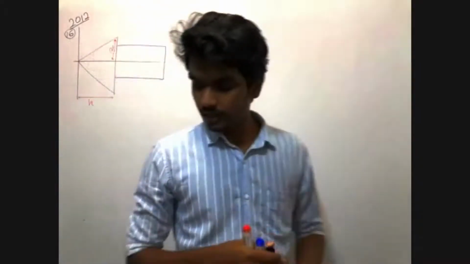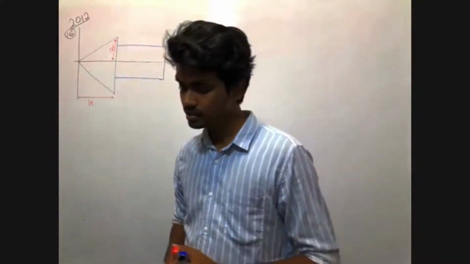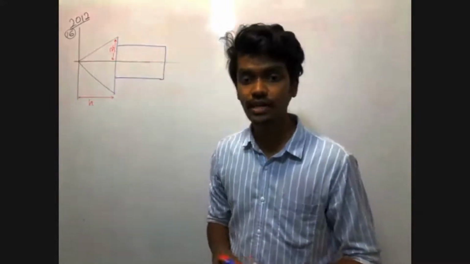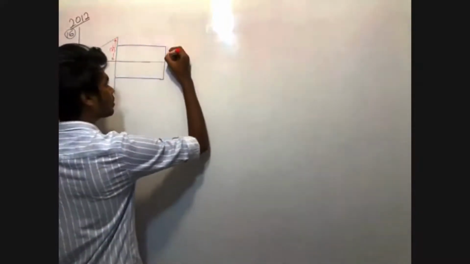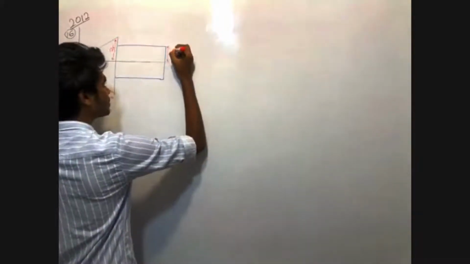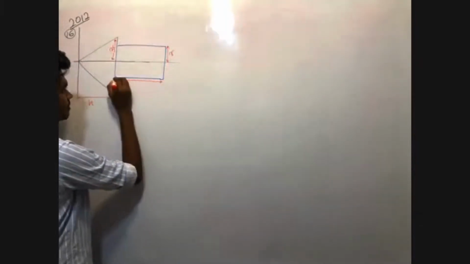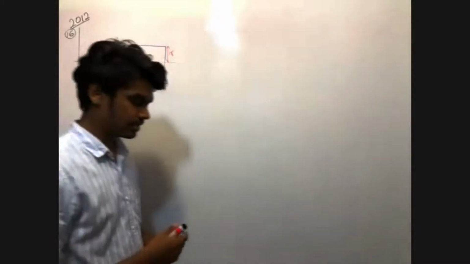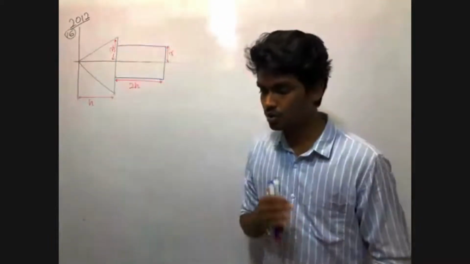And a right circular cylinder of radius r and height 2h. So the radius of this is r, and the height is 2h.